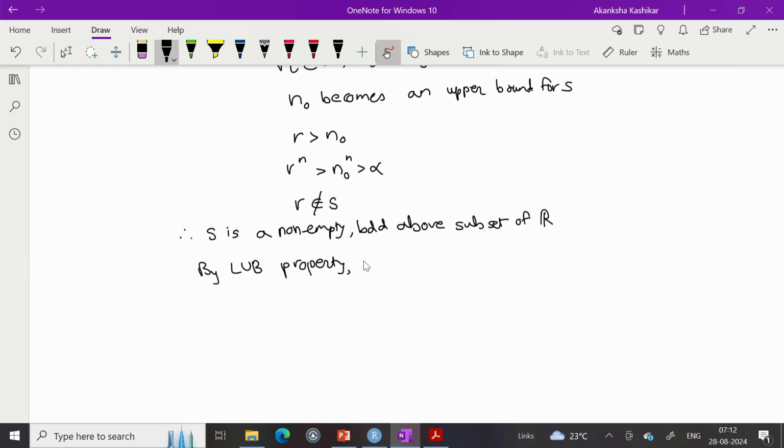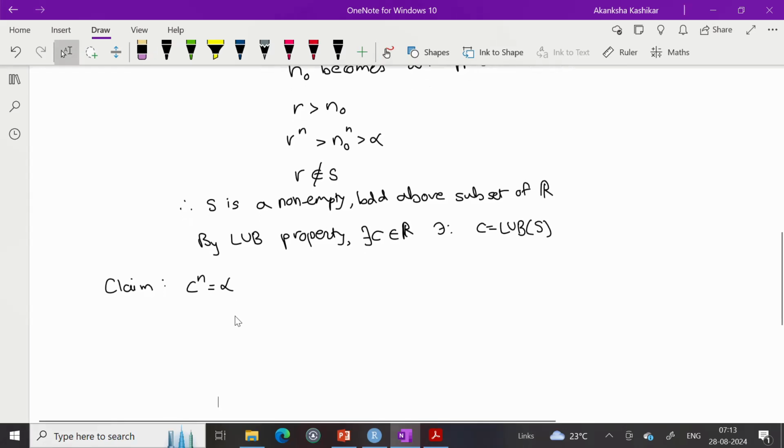By LUB property, there exists some C in R such that C is LUB of S, because I have a set which is non-empty and bounded above. And now my claim is this C is the desired nth root. That is, C raised to n is alpha.